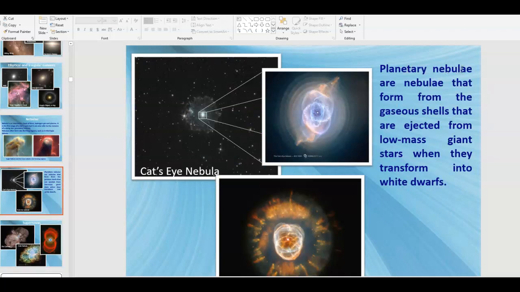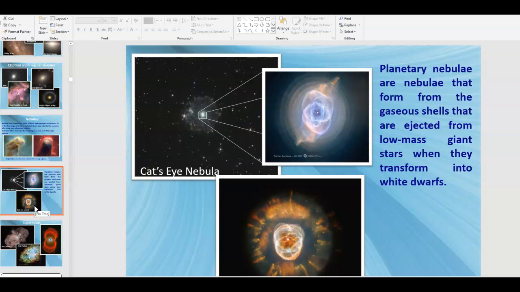Planetary nebula, we'll talk about that later, but it says they form from the gaseous shells that are ejected from low-mass giant stars when they transform into white dwarfs. And so I don't want to get into the lifetime of a star too much, but basically, over millions or billions of years, as stars lose mass, they expand.